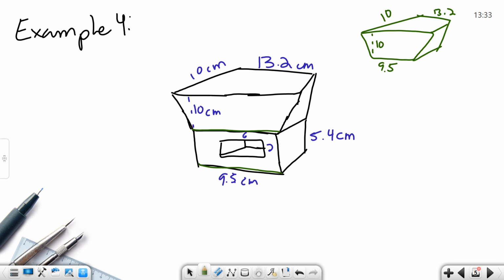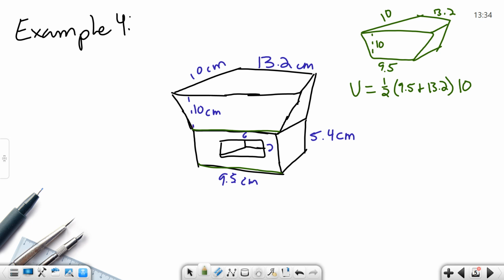I don't know if you caught that or not, but these two are going to be the same length. Area of a trapezoid is 1/2 base 1 plus base 2 times height.